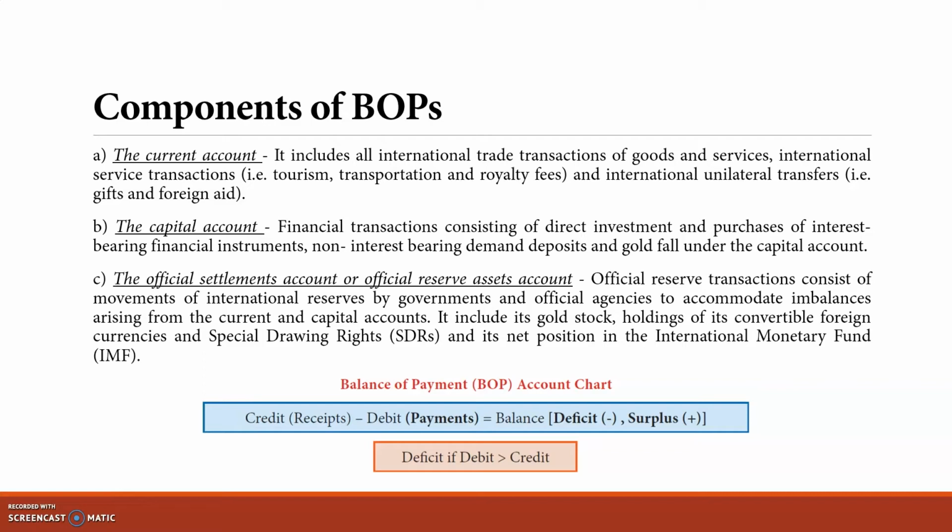Like India, all the countries will maintain gold reserves, their own country's currency, and the trading partners' currencies in the IMF. So easily the transactions will be made through the IMF. So the movement of international reserves by government will be transparent.